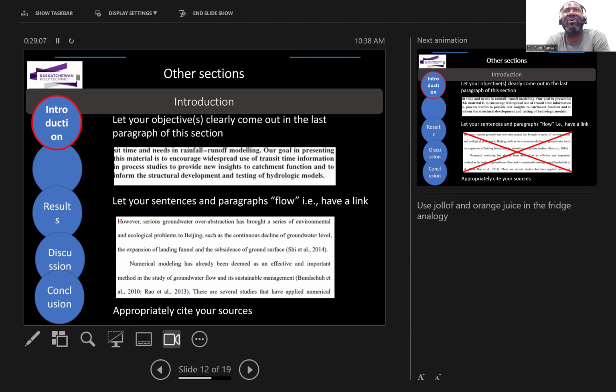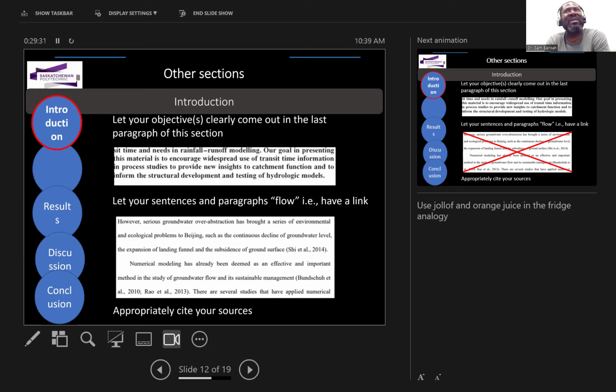Numerical modeling has already been deemed as an effective and important method in the study of groundwater flow and its sustainable management. These are two different things. Look at the two paragraphs: the last sentence in the last paragraph, and the first sentence in the next paragraph. They don't link.